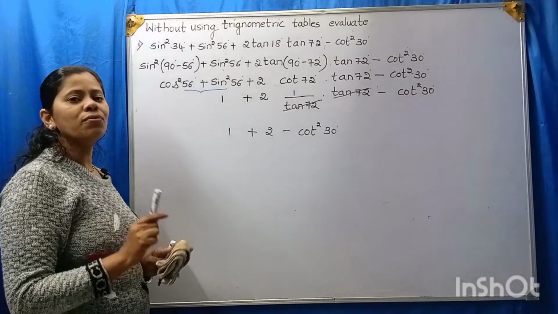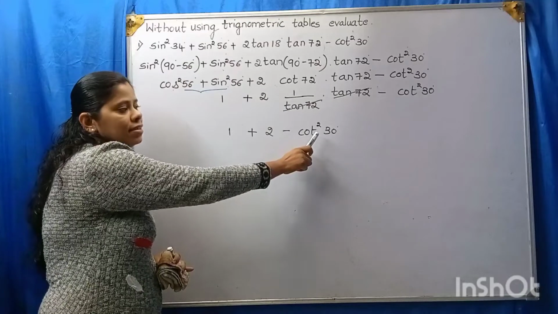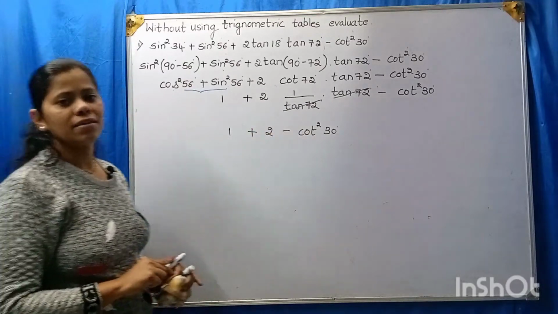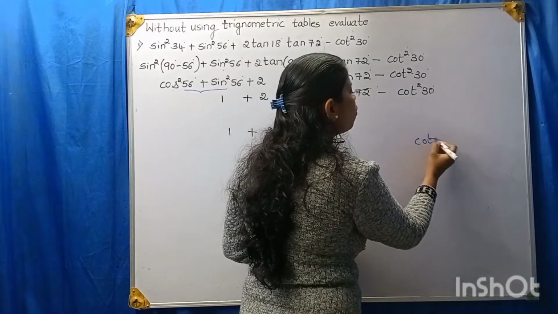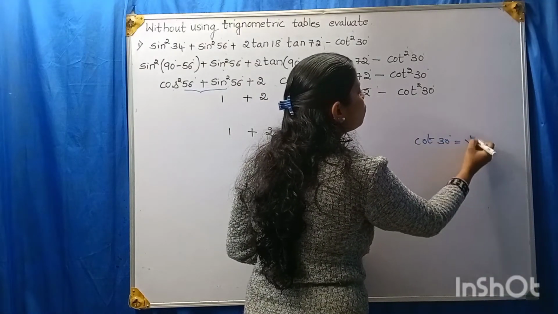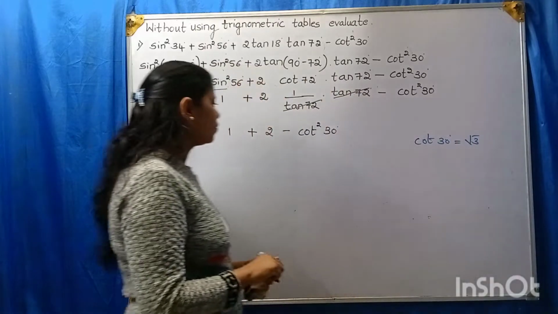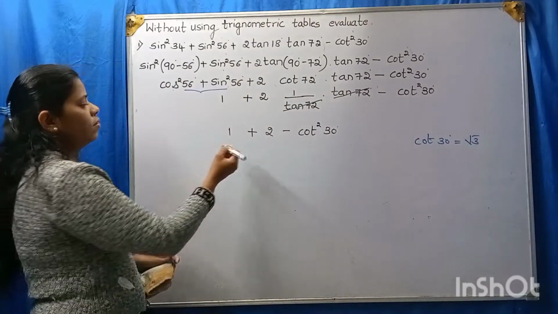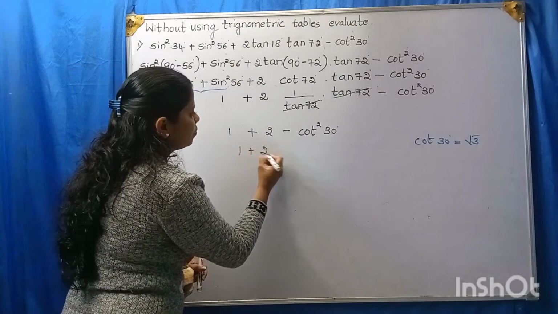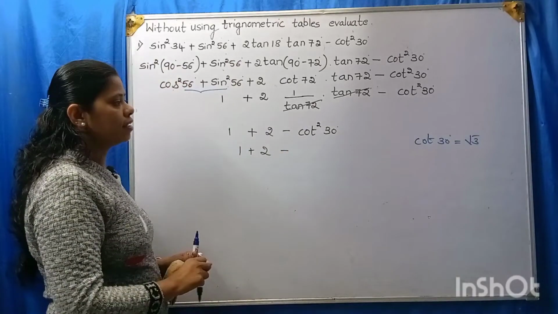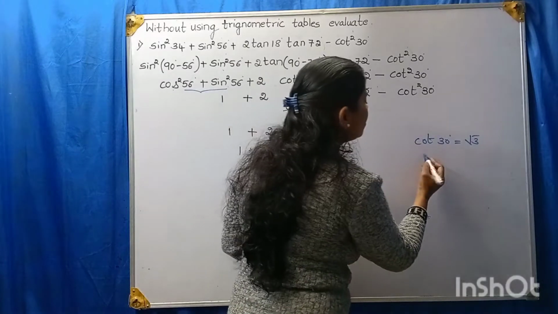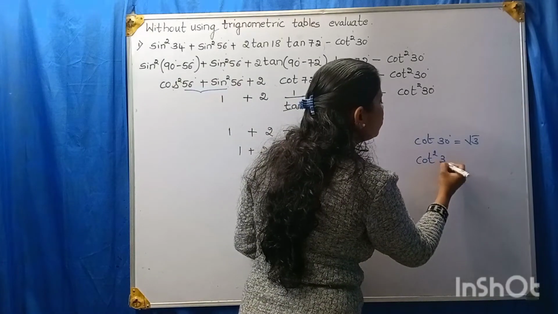Now we have to take the help of the trigonometric table. We know that cot 30 degree is what? What is the value of cot 30 degree? It is root 3, right? Then cot square 30 degree, what will it become?